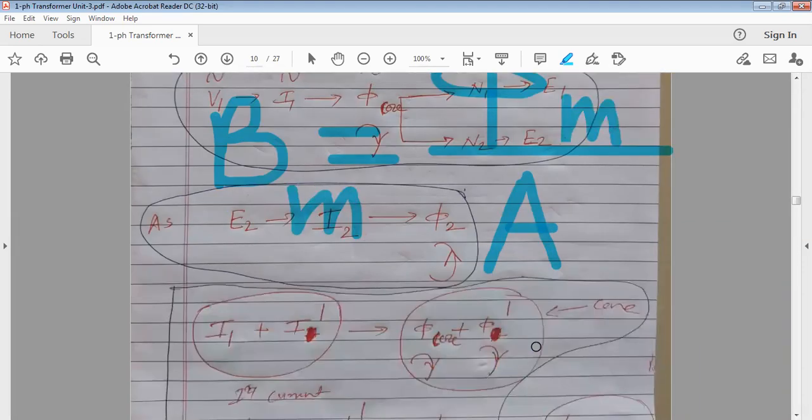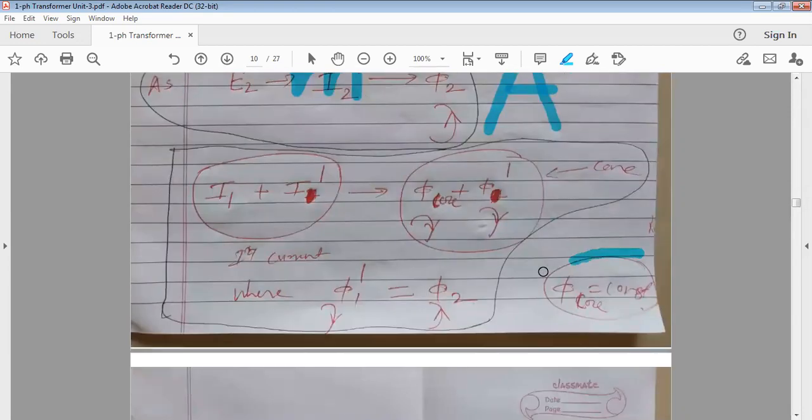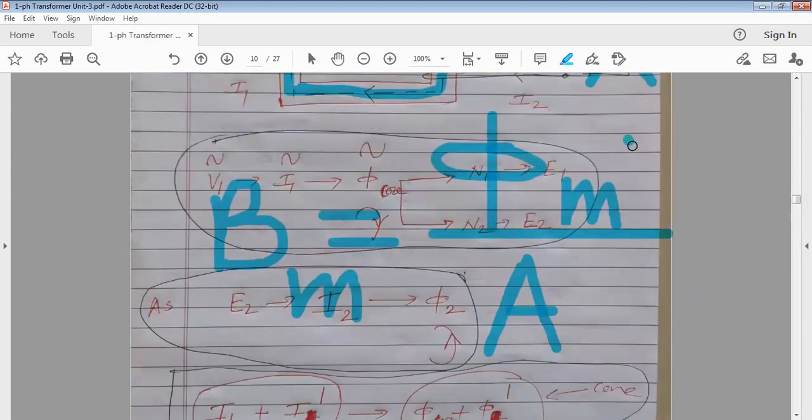The transformer is a constant flux machine. Whether you put no load across the secondary or go on increasing load from no load up to full load condition, the flux in the core remains constant. So if flux is constant, the maximum value of flux will also be constant. And once you manufacture the transformer, the core cross-sectional area also remains constant. So we can say the flux density in the core of a transformer is constant.